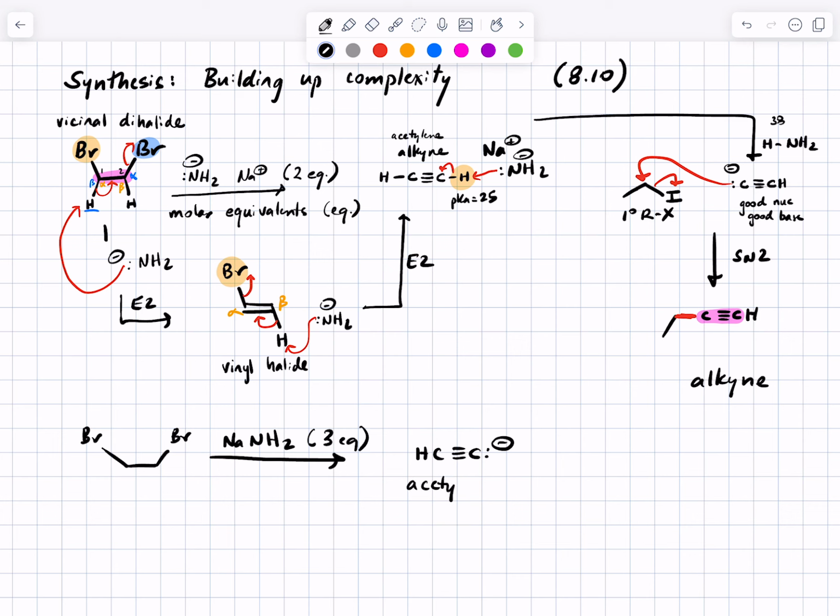This is the conjugate base of acetylene. It's going to be called acetylide. And then I would just add that electrophile, and that would give me this product.